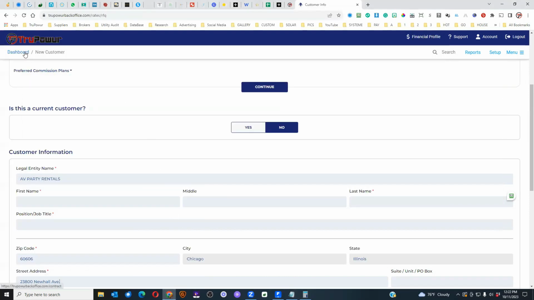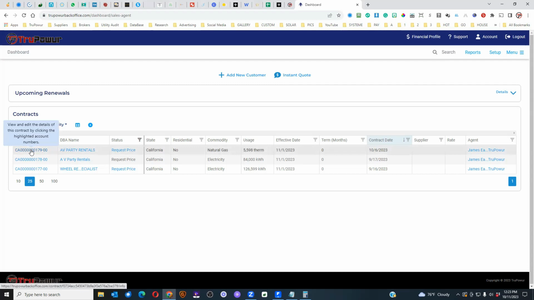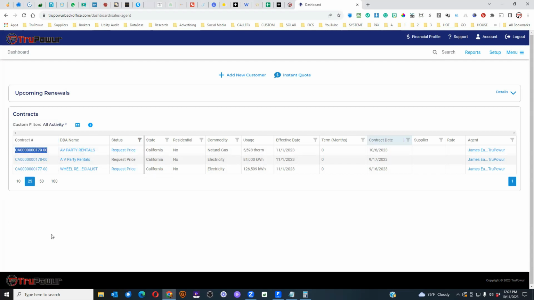this particular customer. For the sake of time, we have already entered the customer's information into the system, so we don't need to go back through that process. So all we need to do is click on the customer contract. Now, just so you know, this customer contract number is an internal number. That's not their contract with the supplier.